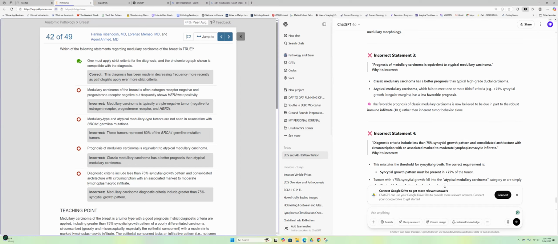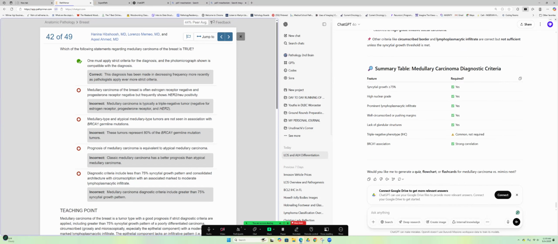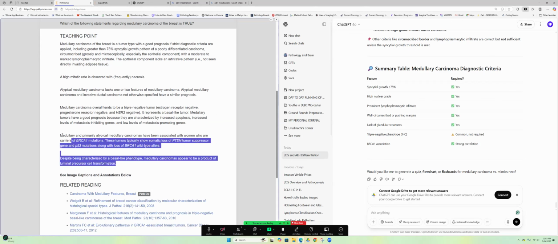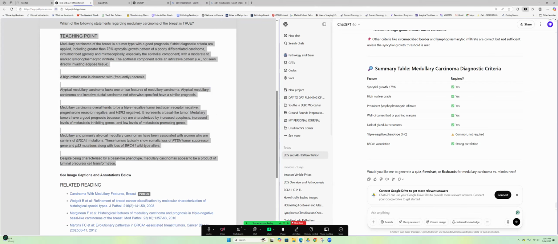So the criteria again: syncytial growth greater than 75%, high nuclear grade, prominent lymphoplasmacytic infiltrate, well circumscribed or pushing margins, lack of glandular structures, triple negative phenotype, BRCA1 association, strong correlation up to 80%. Okay.